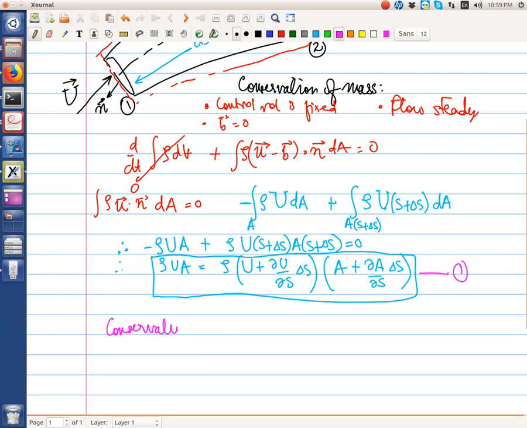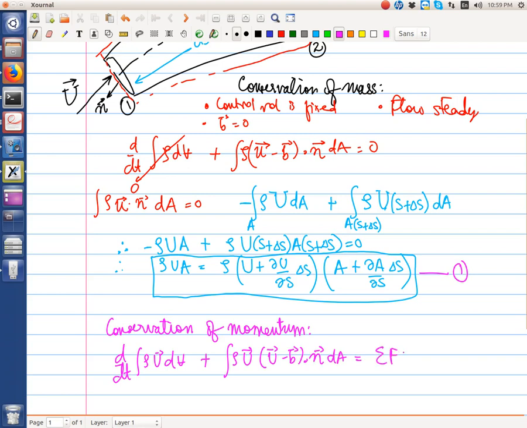Conservation of momentum. Okay, so on the left hand side we have d/dt of integral rho u dV plus integral rho u (u minus b) dot n dA is equal to summation of all the forces.